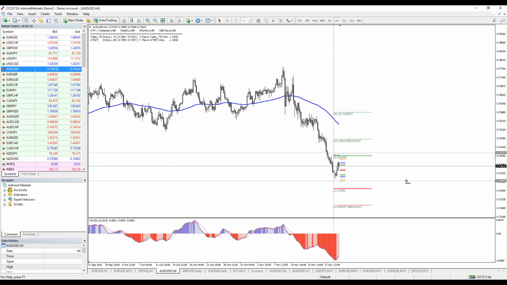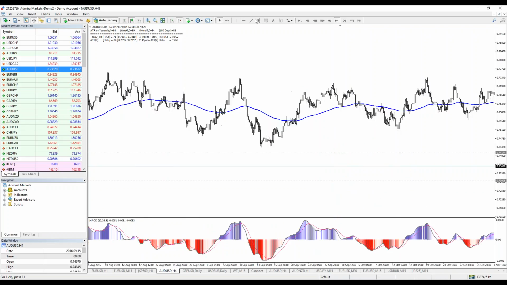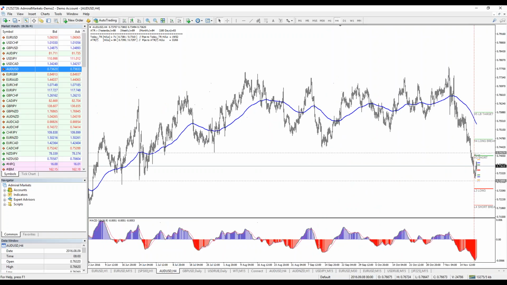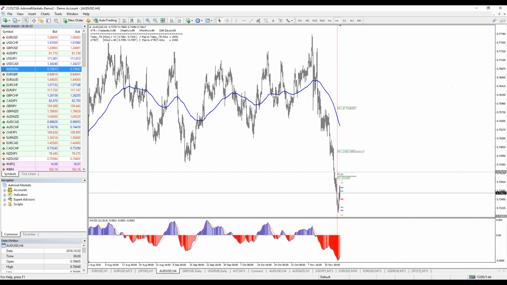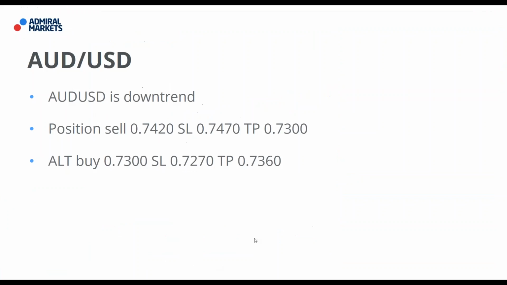Towards this level. And I think this level is also protected, 73.00, because you see here, guys, a lot of history of buying, huge history of buying. Order block here, buyers here, so 73 is buy. Clear setup for me. 74.20 sell, 73.00 buy. Okay?